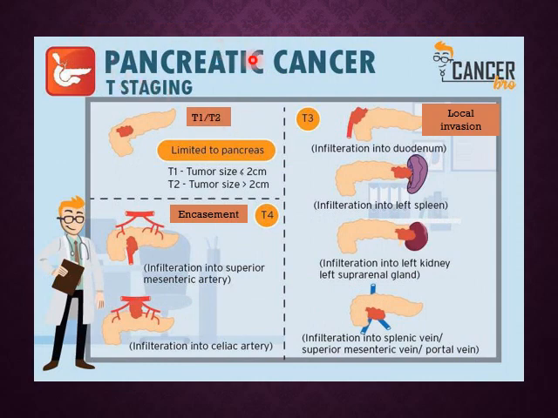Next we come to pancreatic cancer staging, the T staging of the TNM staging. T1 and T2 are limited to within the tissues of the pancreas. T1 is tumor size less than 2 centimeters, and T2 more than 2 centimeters. T3 is when the tumor infiltrates into the duodenum or the spleen.